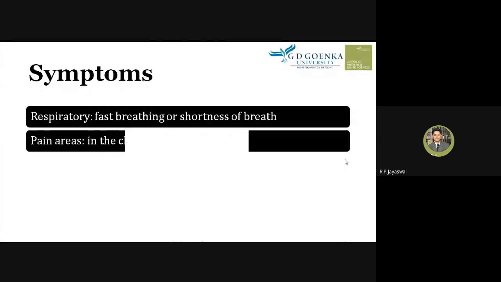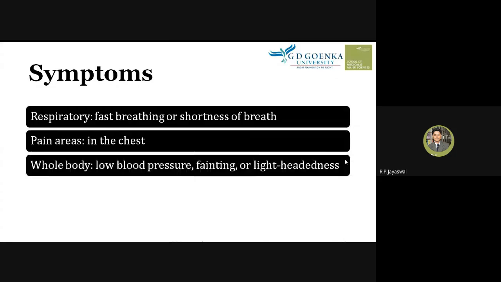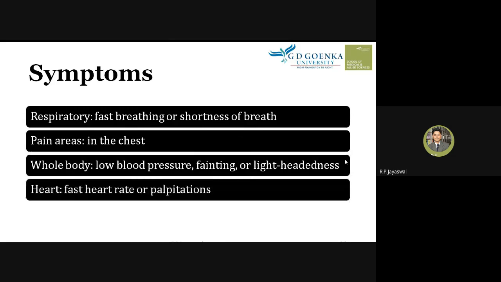Pain can be felt by the patient, basically in the chest area. In the whole body, we can see low blood pressure. The patient may feel fainting or lightheadedness. In the heart, we can see a fast heart rate or palpitations, and there can be swelling in the extremities also.